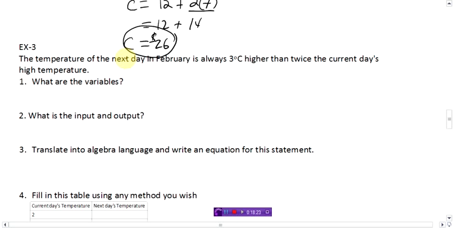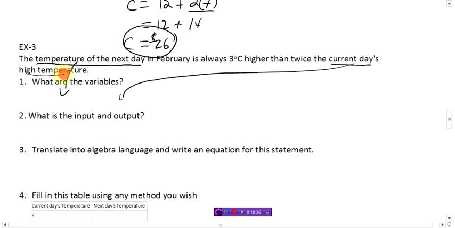So our variables, the things that are going to change, are the temperature of the next day and the current day's temperature. So we'll just put that, temperature of the next day, and the current day's high temperature is the other variable. What's the input? What depends on what?